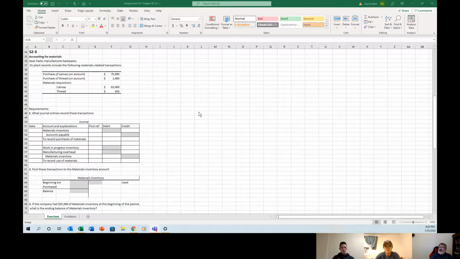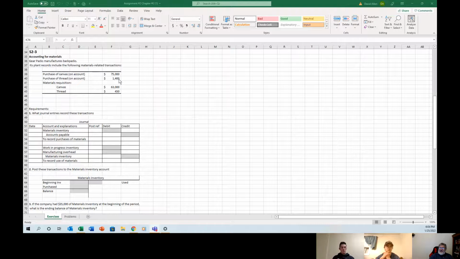The plant records include the following material-related transactions. They purchased canvas for $75,000, and they purchased thread for $14,000. I think I actually typed everything from the book in this one, so I don't think we need to open the book and look at it.